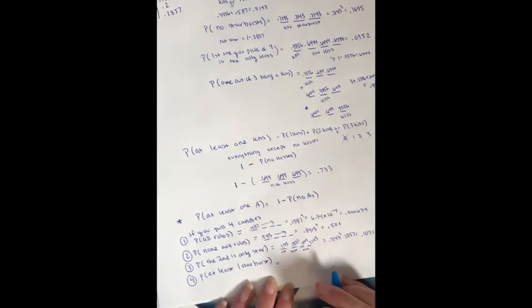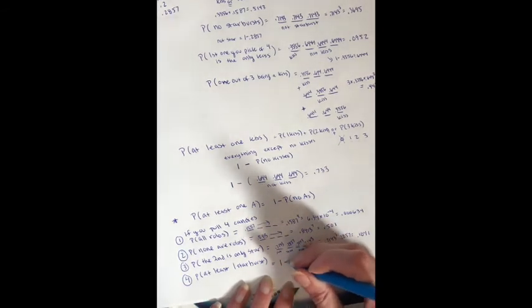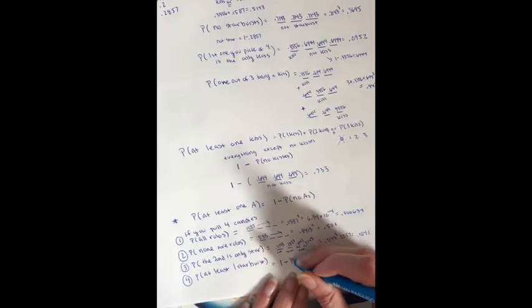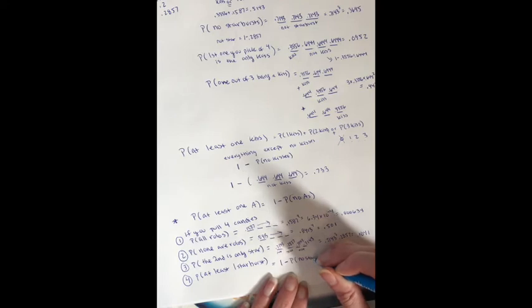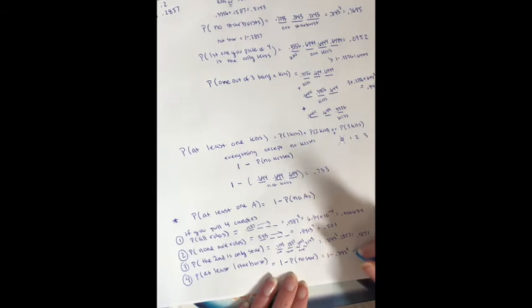Okay, and the probability of at least 1 starburst is everything except no starburst. I'm okay with 1, 2, 3, or 4 starbursts. The only thing I don't want is no starburst. So it's 1 minus 0.7143 over and over again, 4 times.